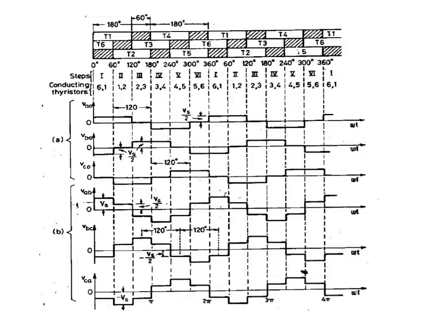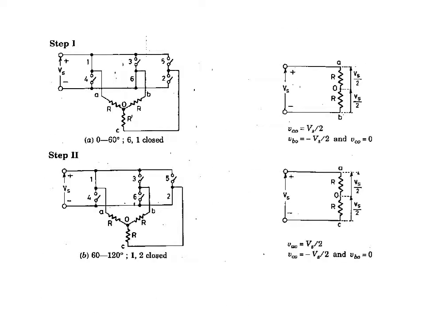These equivalent circuits are divided into step 1 and step 2 equivalent circuits, with their resistance and line to neutral voltage shown in figure A and B respectively. For step 1, the conduction is from 0 to 60 degrees.